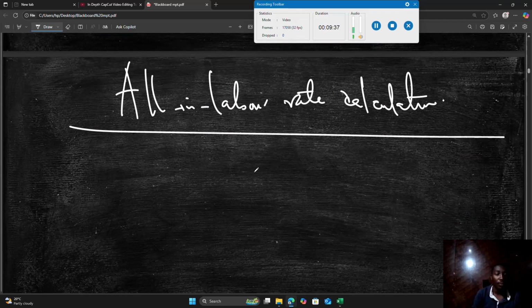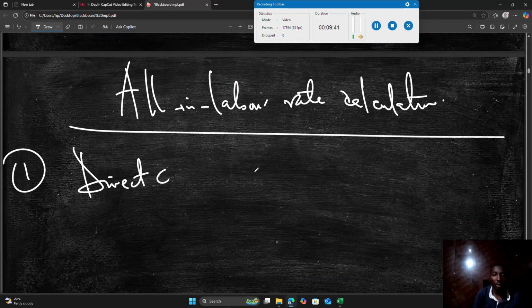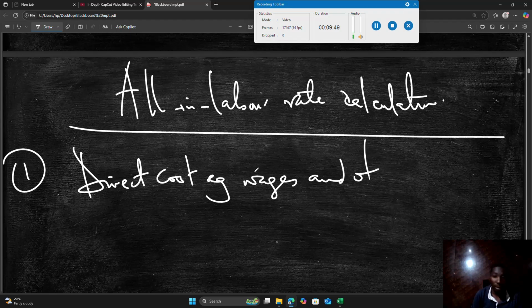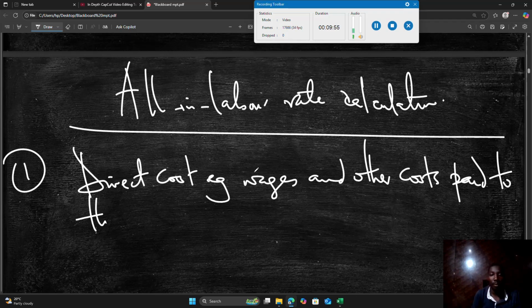One, we have direct costs, which involve wages and other costs paid to the operative, I mean the worker.